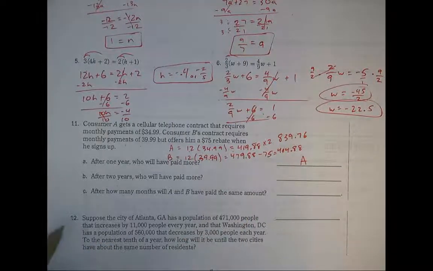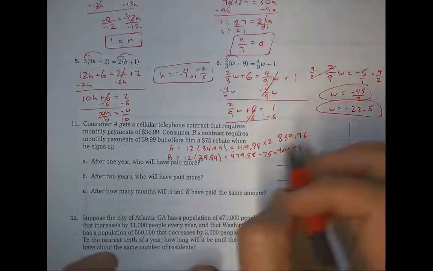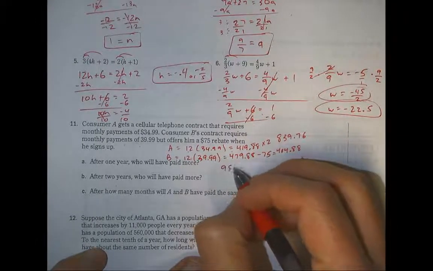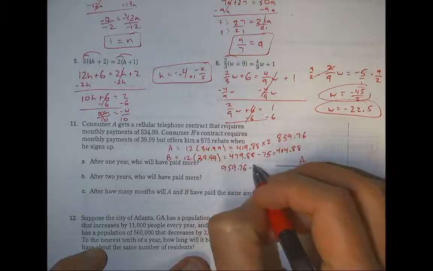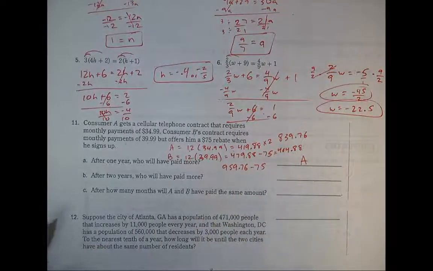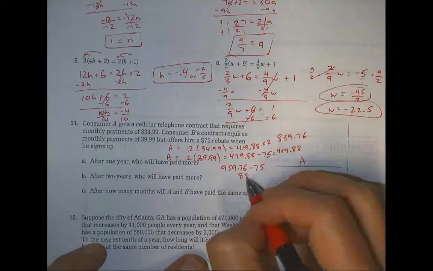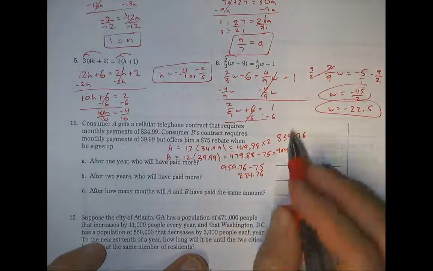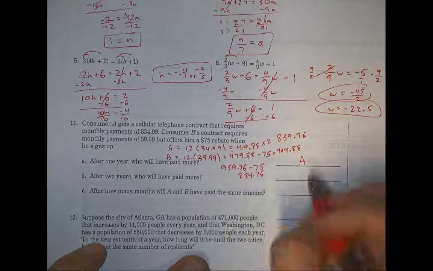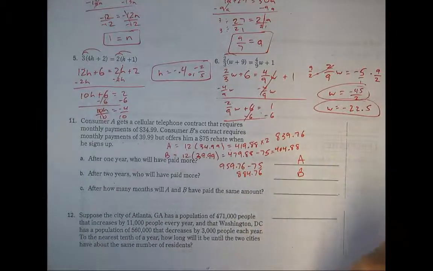For this one, take 479.88 times 2. That's going to be 959.76. But remember, you got to take $75 off just one time, not every year. That comes out to $884.76. So now, who's paying more after 2 years? That would be consumer B.